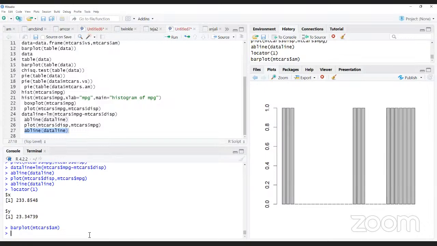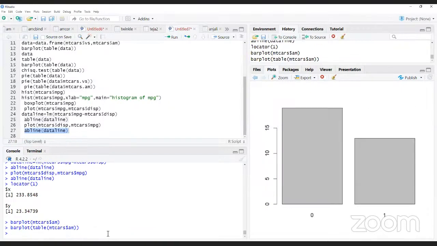So this is the bar plot of 30 data. Instead of this one, Farah, please write down barplot, bracket table, then mtcars dollar am, enter.